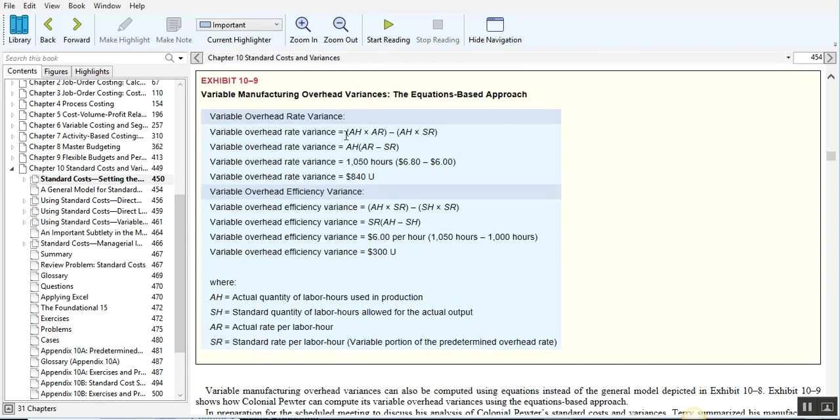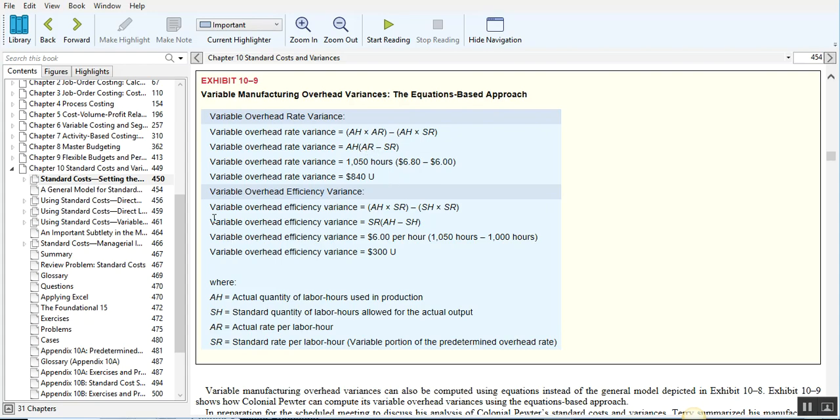And here the formulas are rewritten again. So in my mind, the most important part in this chapter is really knowing what these formulas mean and what the variances are that they calculate. So we have the variable overhead rate variance, which is going to be the actual hours, and then in parentheses, the actual rate minus the standard rate.